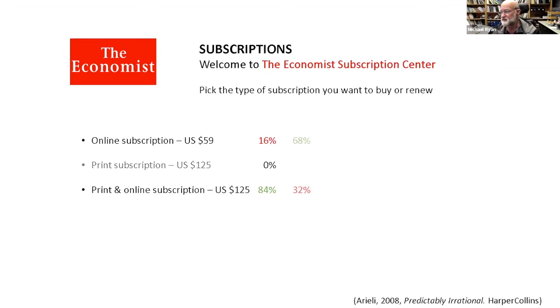And now the preferences have flipped. 68% of the respondents said that they would purchase the online subscription, and now only 32% would purchase the print and the online subscription.